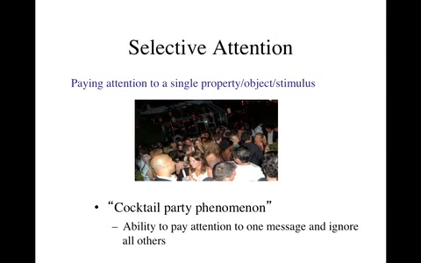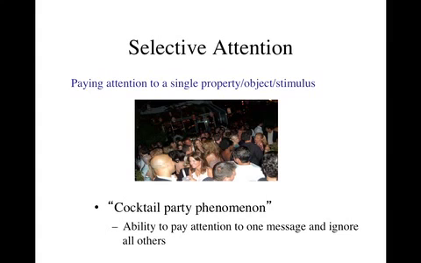Selective attention is the standard type of attention that we often think of as paying attention to something. We think of paying attention to a specific thing, a single property, object, or stimulus. And there's something called the cocktail party phenomenon that really exemplifies this. This is the ability to pay attention to a single conversation and ignore all others when you're in a crowded room where there are lots of conversations.